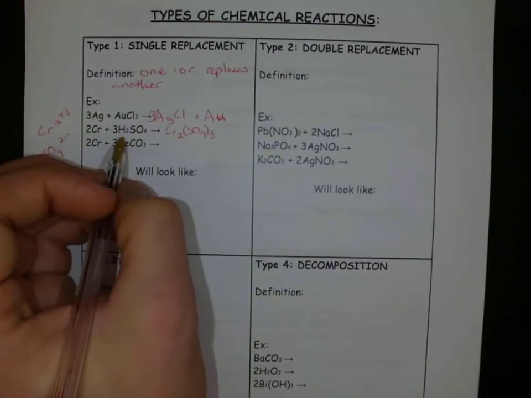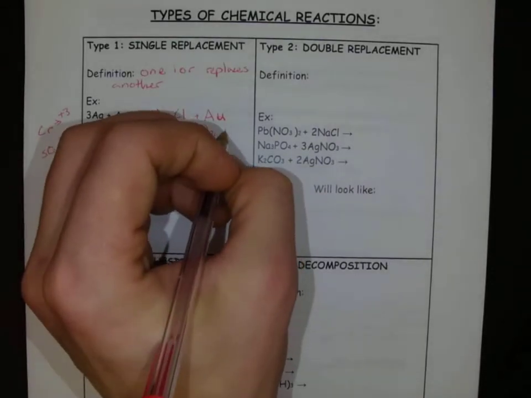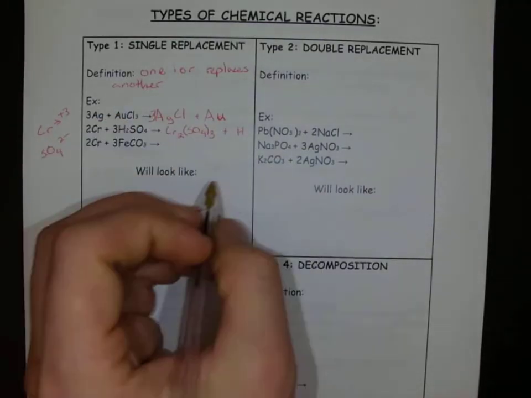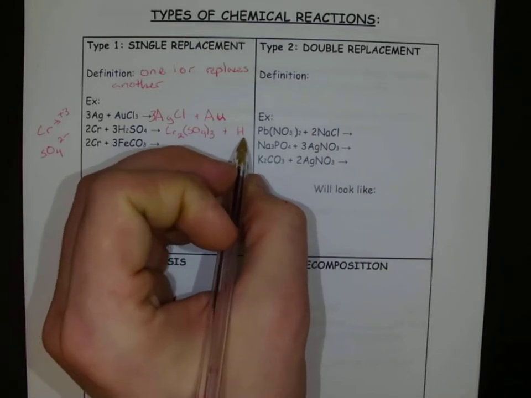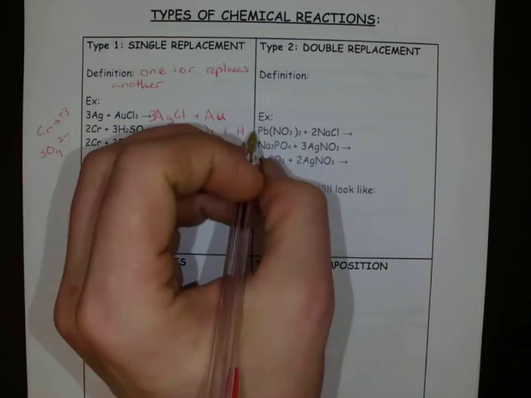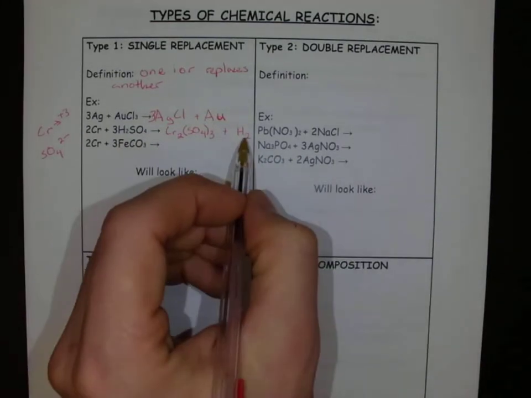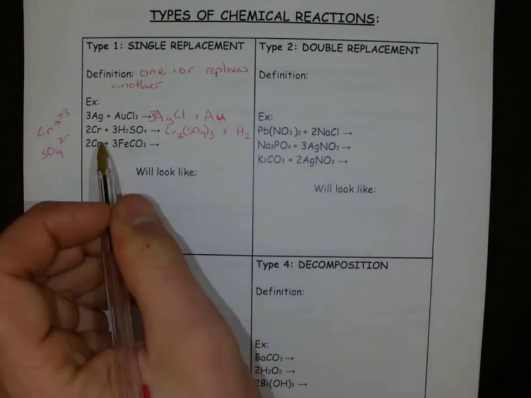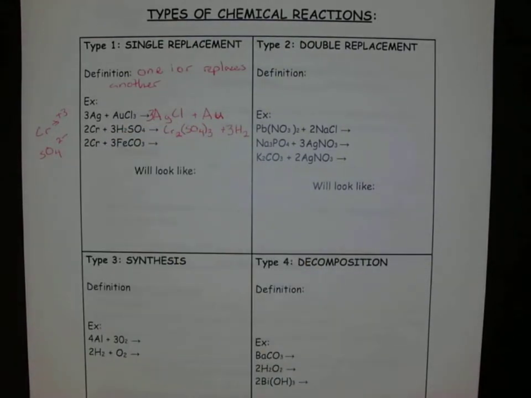And then I kick off hydrogen. Hydrogen is going to be all by itself. But when it's all by itself, hydrogen is a diatomic, so it's always going to be H2. So if it's H2, I'm going to have 3 H2s that get kicked off.